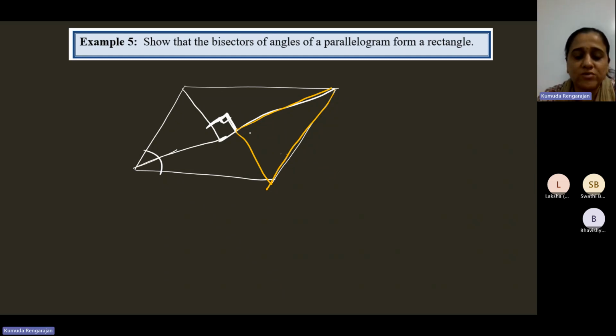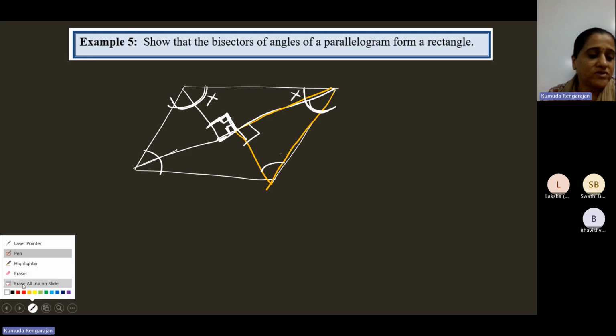So we got this one plus this one is 90. So by angle sum property, this is 90. Then by vertically opposite angle, this one will be 90. Now repeat here. This angle plus this angle is equal to 180. Half of this one plus half of this one is 180 by 2, which is 90.